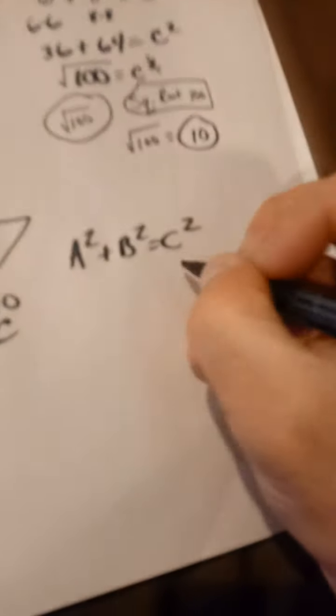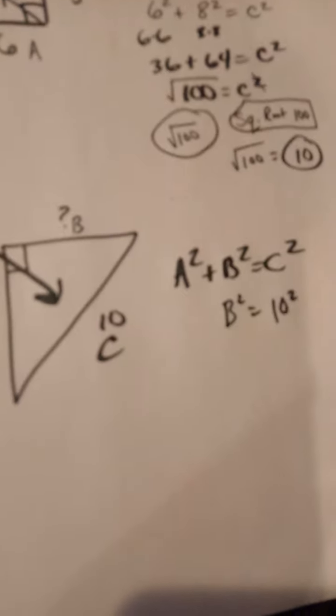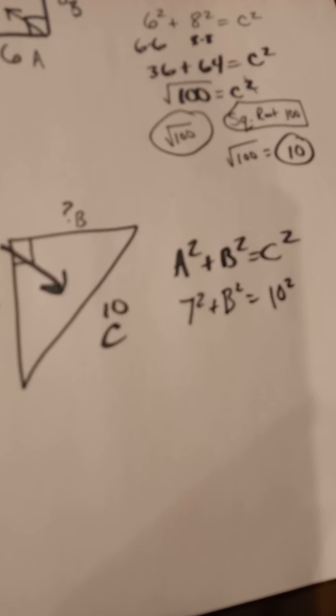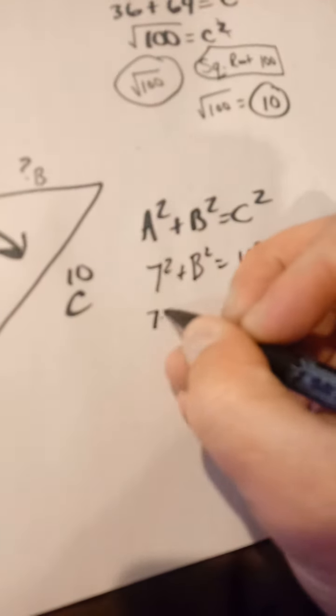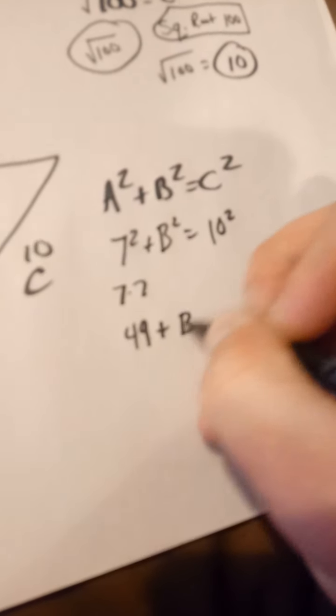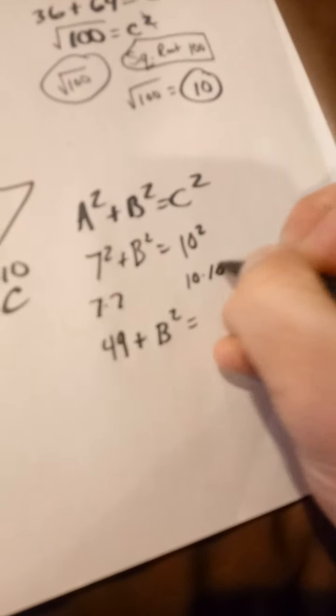C is 10. B we're leaving blank, so we're going to keep it, and a we said is going to be 7. So 7 squared is 7 times 7, which is 49, plus b squared equals c squared, which is 10 squared, that's 10 times 10, which is 100.